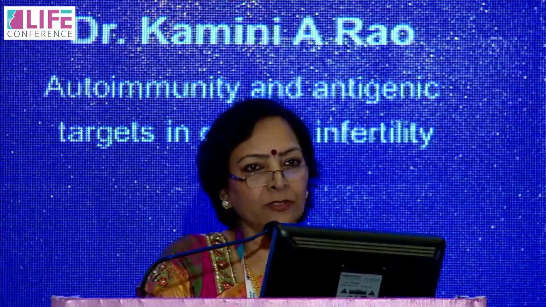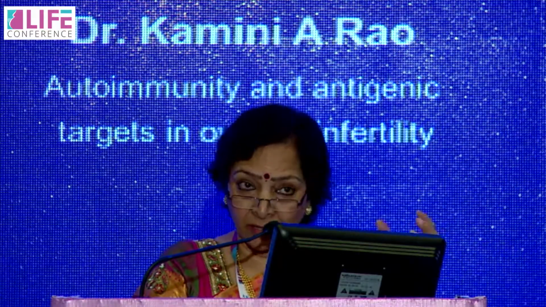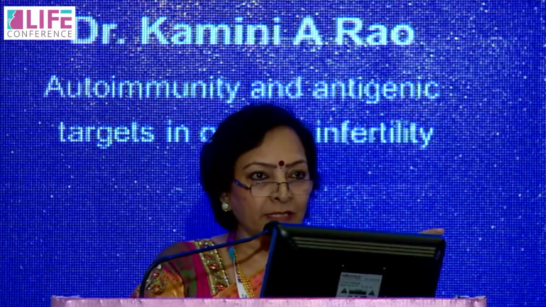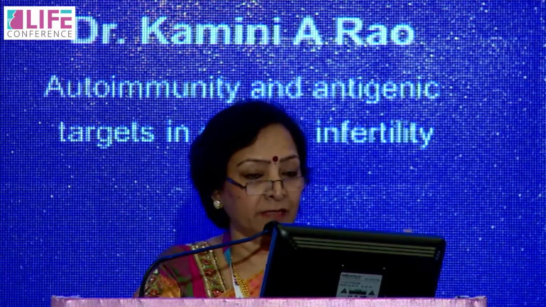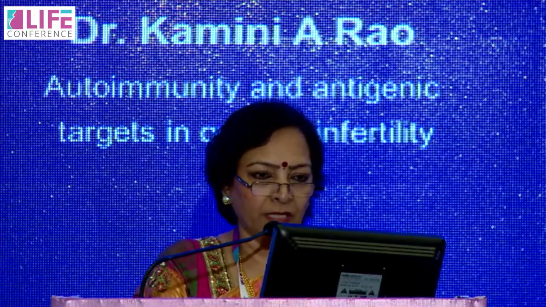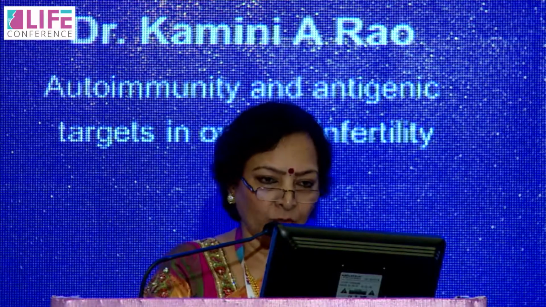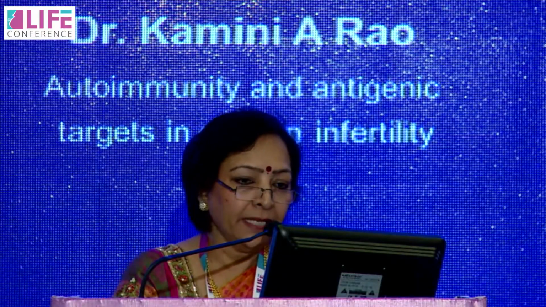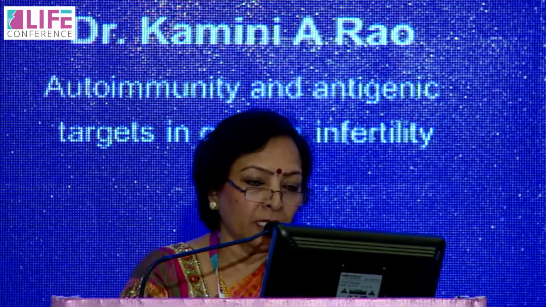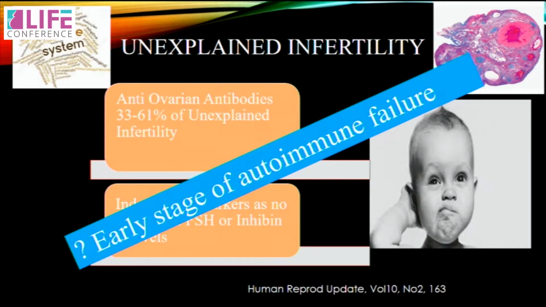So, we could actually not dump the 10% of unexplained infertility as is easily said, but we can certainly dissect out that 10% and say that at least a third to two-thirds of the unexplained infertility can be explained on the anti-ovarian antibodies. And these are independent markers, with no relation to FSH or inhibin B levels. So, are we looking at an early stage of autoimmune failure?